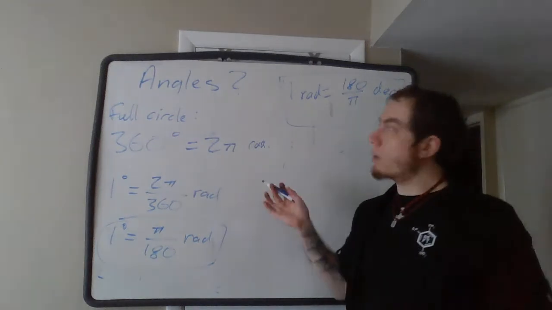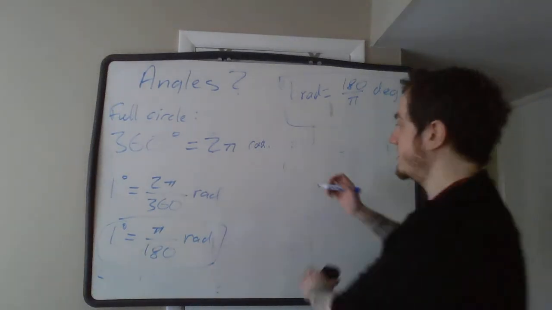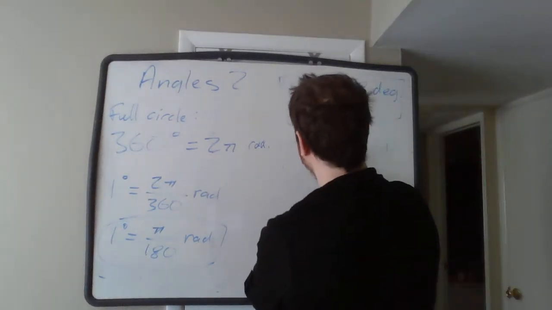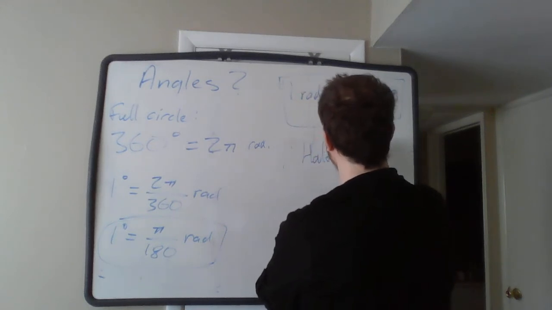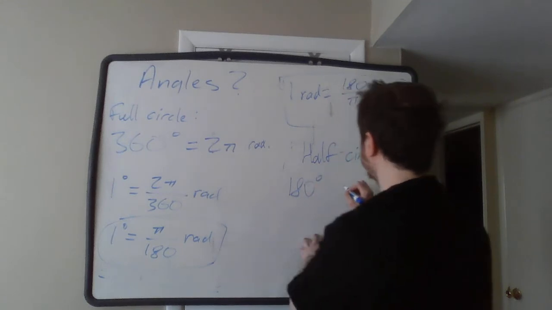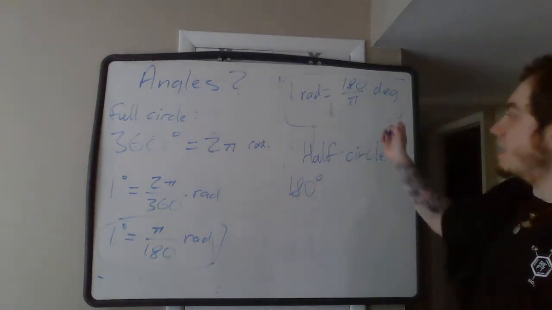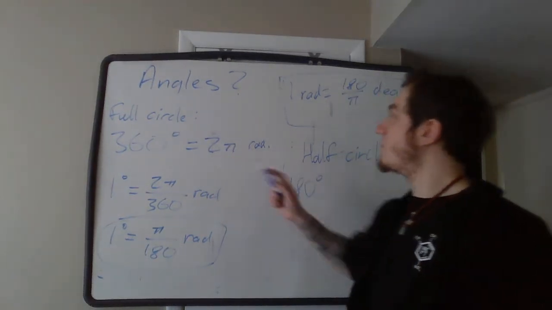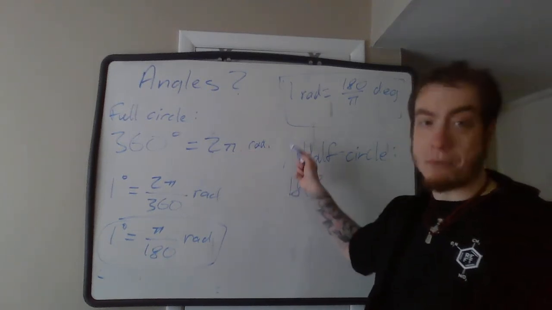A few other important angles that we can talk about in radians. A half circle, we said this is 180 degrees, but another way of thinking about half a circle is it's half of a full circle, which is 2 pi radians.